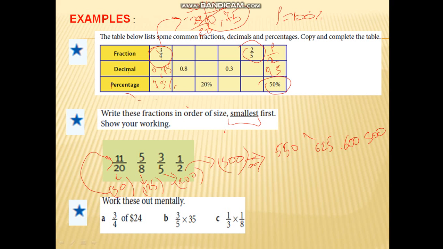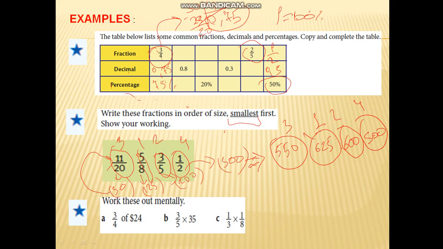So which one is bigger than the others? 625 is first, 600 second, then 550, and the fourth and last is 500. So 5 over 8 is the biggest, the second is 3 over 5, thirdly 11 over 20, and 1 over 2 is fourth, the last one.